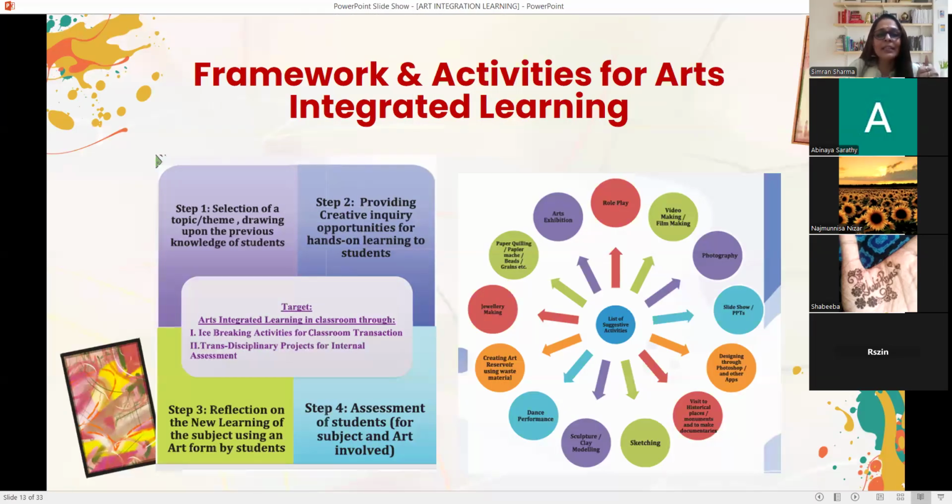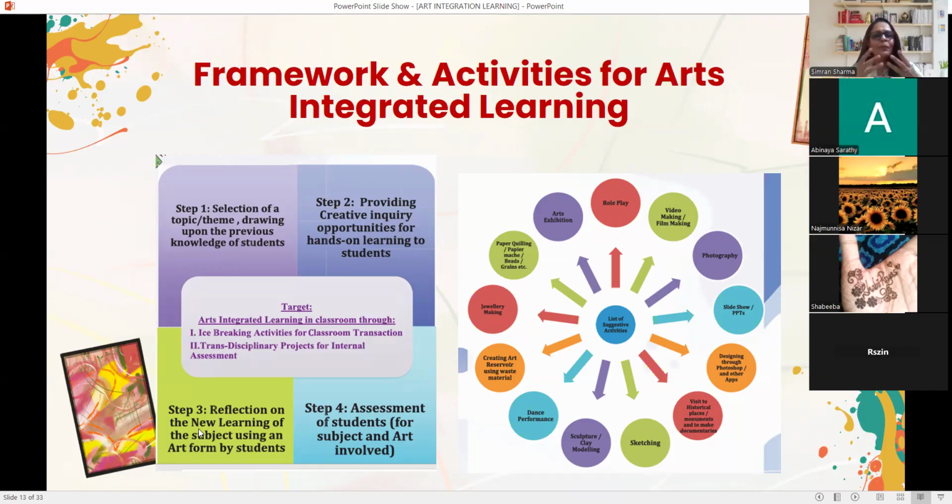Second is providing creative inquiry opportunities for hands-on learning to students. So give them some input. What are you expecting? What is the goal of this activity? The curriculum goal has to be given to the students, that this is where you have to keep your focus. Third is reflection on new learning.